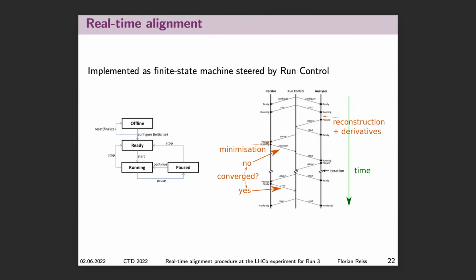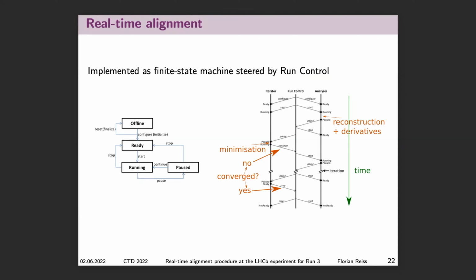Finally, this real-time alignment is implemented as a finite state machine, steered by the so-called run control. What we mean by a finite state machine is that these processes can have some predefined states, with some transitions between them.